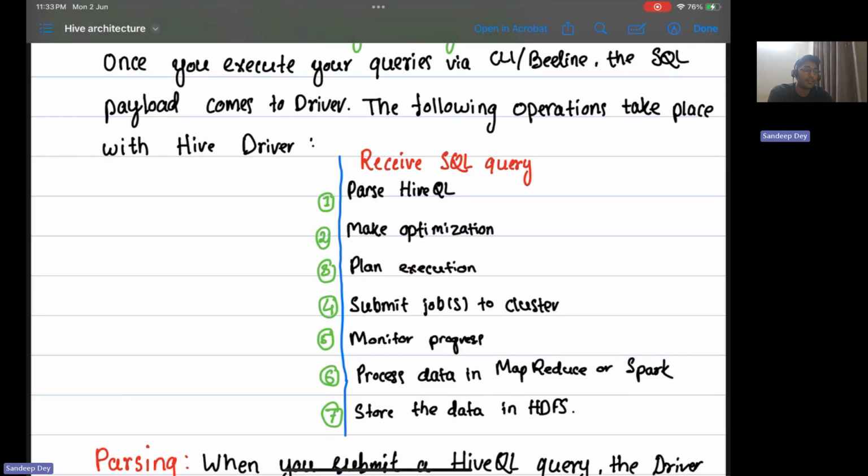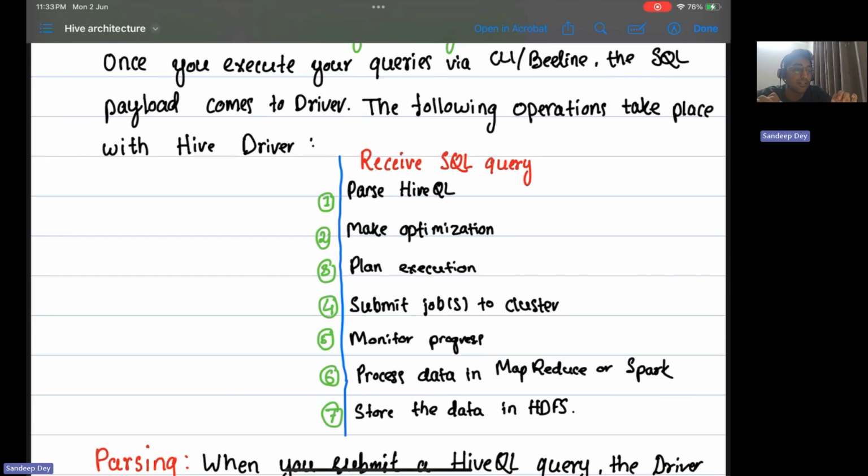Next is the physical plan. The logical plan is then translated into the physical plan. Whatever plan you decided in the logical plan, you made a recipe of the things you need to do, and in the physical plan you are actually doing that. This is where the magic happens.